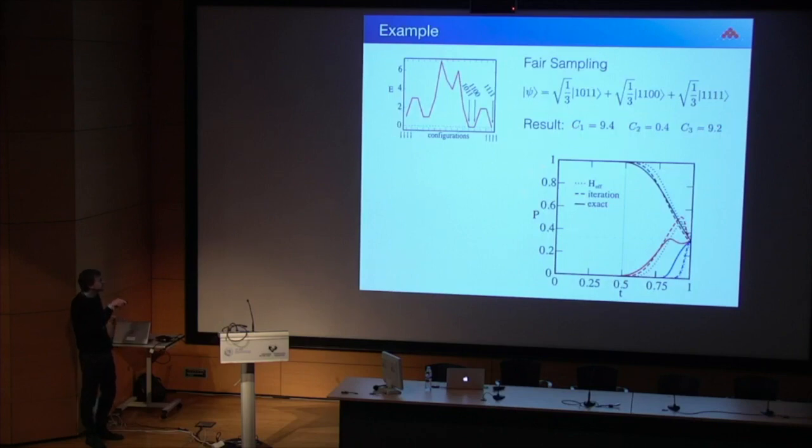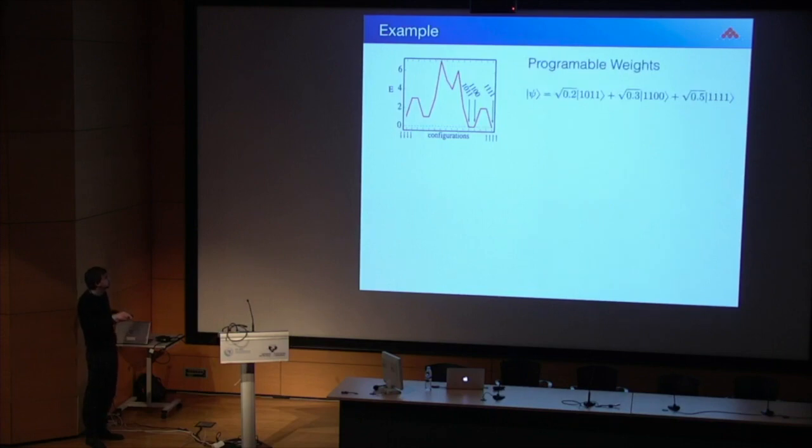And then if we look at the probabilities of these three configurations, we indeed see that if we do our adiabatic protocol, we end up at the equal superposition, the one that we have programmed. And here, the comparison that I'm showing is this effective Hamiltonian. So this is the fully analytical theory, which we then compare to an exact model. So this is just numerically exactly solving the Schrödinger equation. So we see that the models actually fit together quite well.